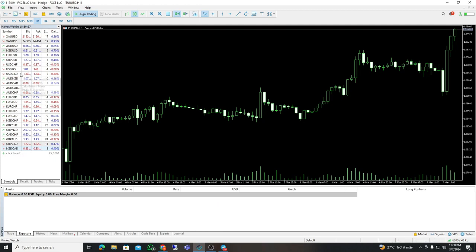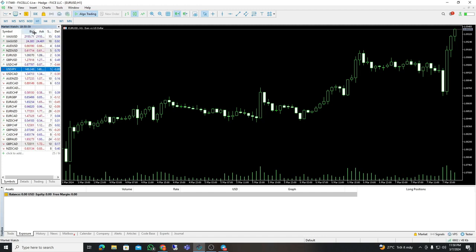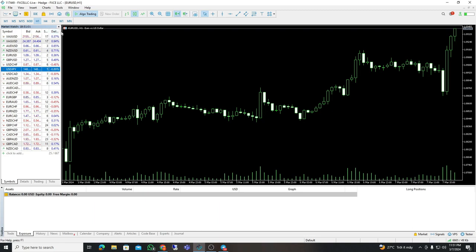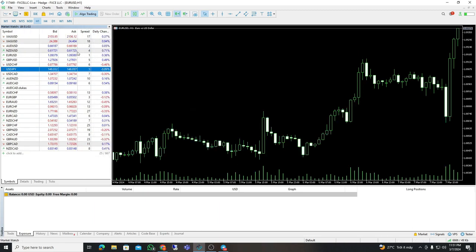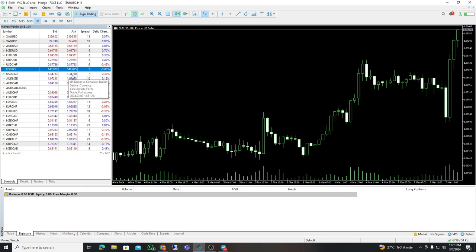For example, when you have an EA, you have the bid price and ask price. I will give you an example of slippage. Here you can see the bid price of USDCAD is 1.34707, and the asking price is 1.34720.